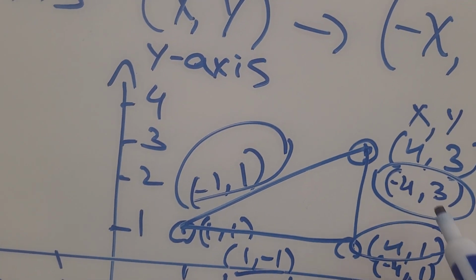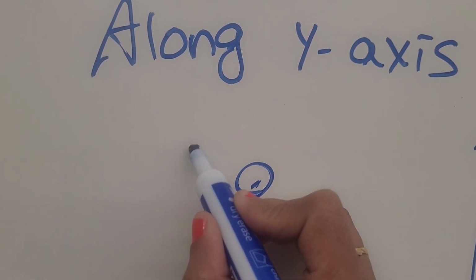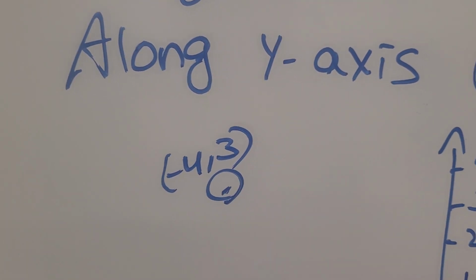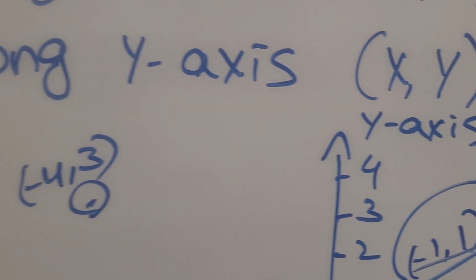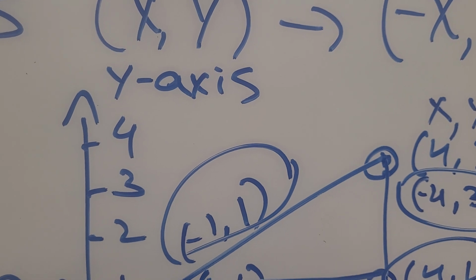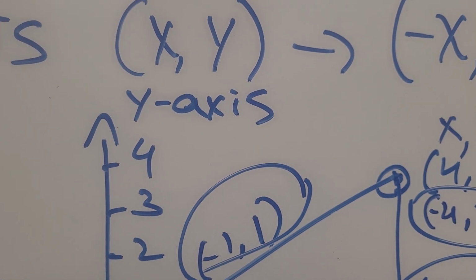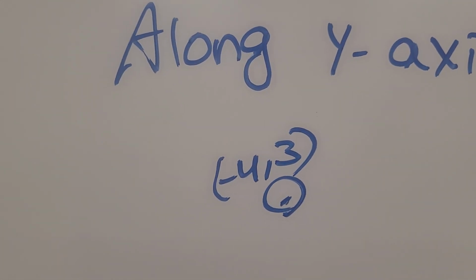So let's do that. (-4, 3) is here, and (-1, 1) is here, and the next point is (-4, 1), which is here.